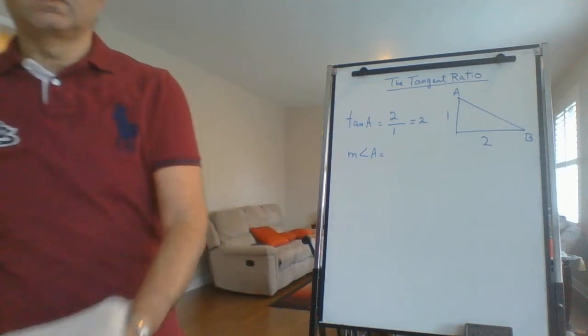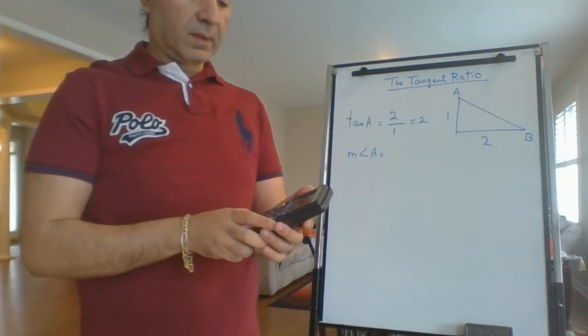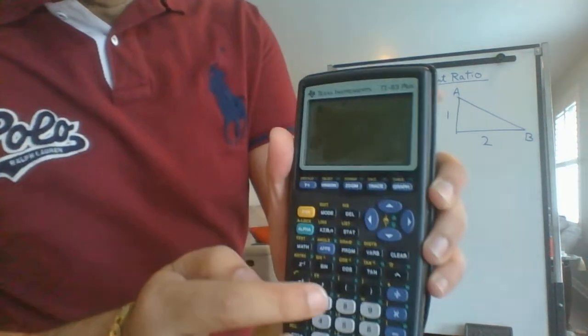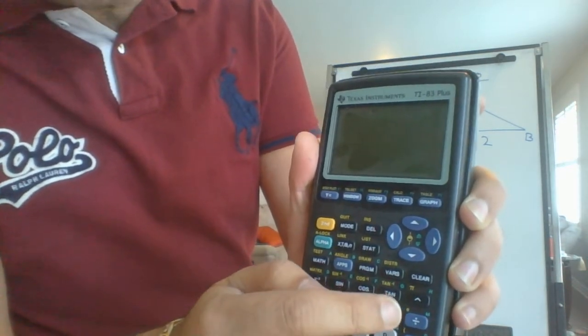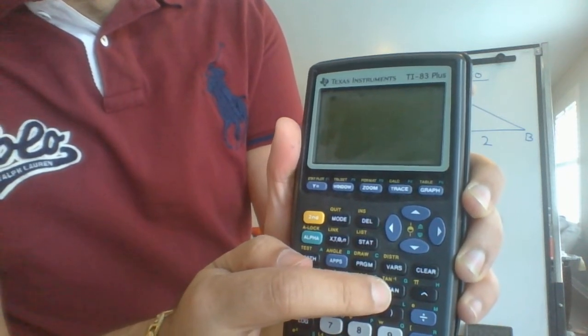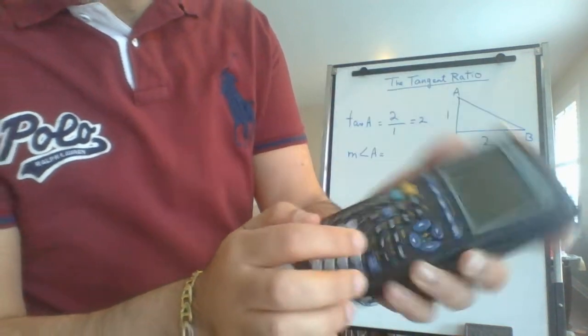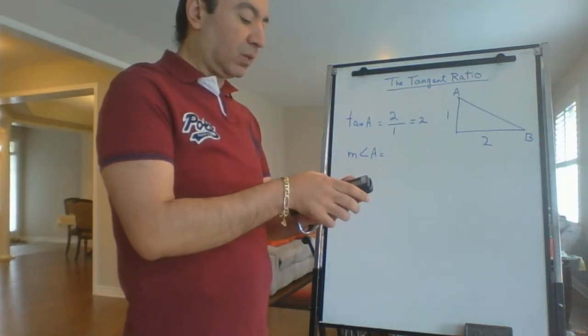What I do, very simple, I go to my calculator and do inverse tan. Do you see on the top of tan, in yellow, it's written tan inverse or tan minus 1? That is what we use to get the angle. So if you want to get the angle, you do tan inverse.